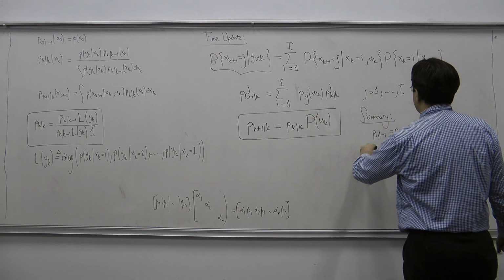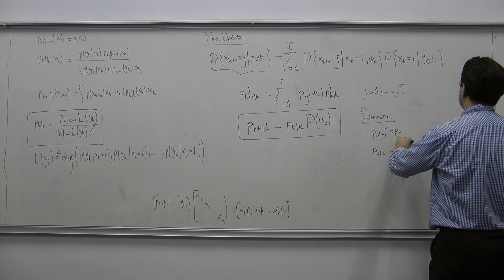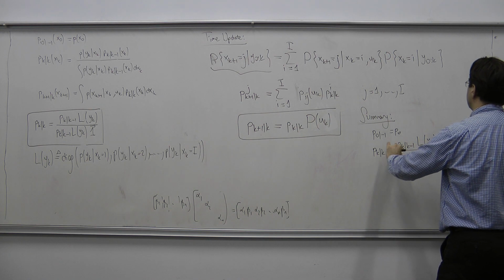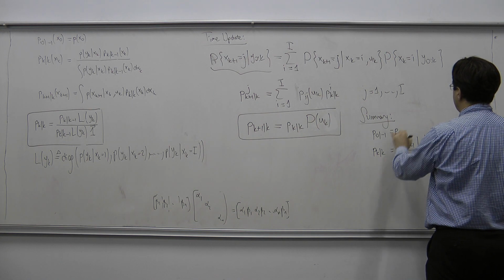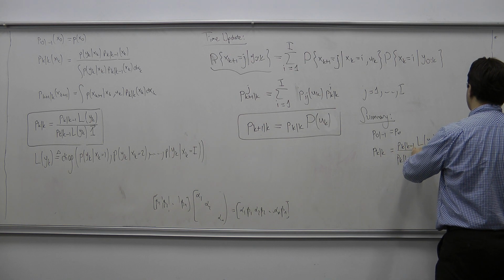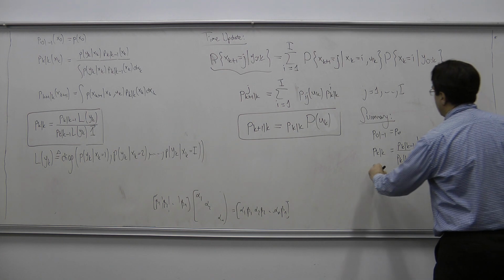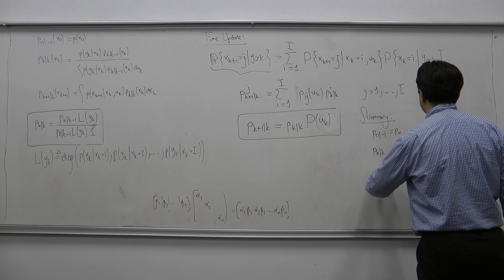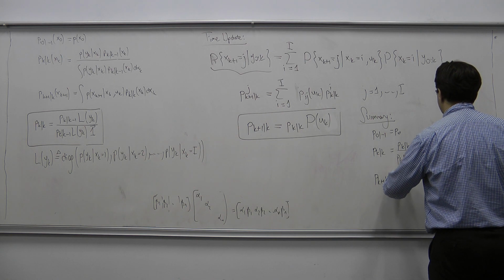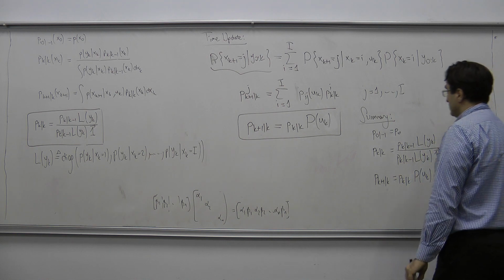The measurement update is p_{k|k} is equal to p_{k|k-1} times the diagonal likelihood matrix, divided by the summation of these elements, p_{k|k-1} L(y_k) times the vector 1. And prediction is p_{k+1|k} is equal to just p_{k|k} times P of u_k. Okay?